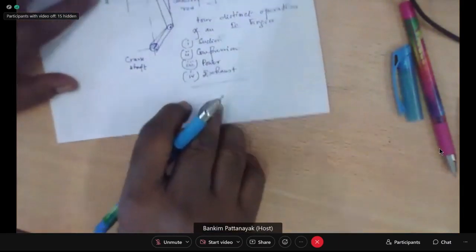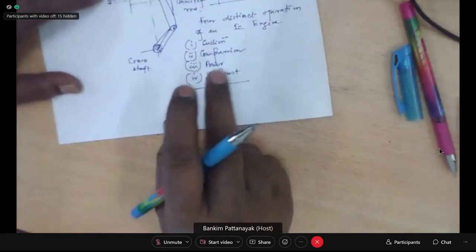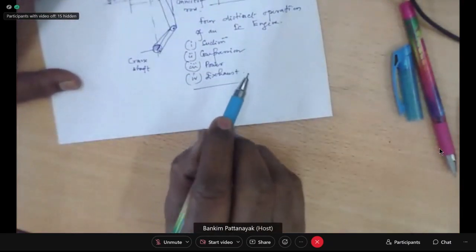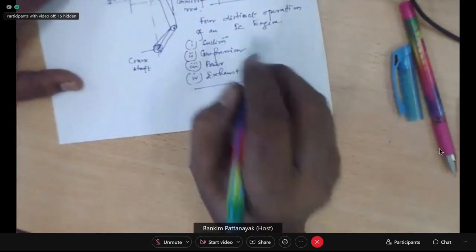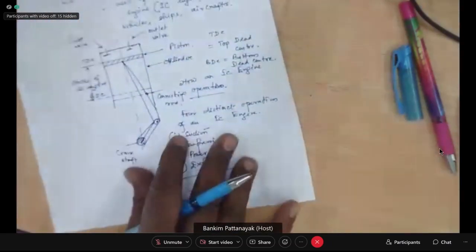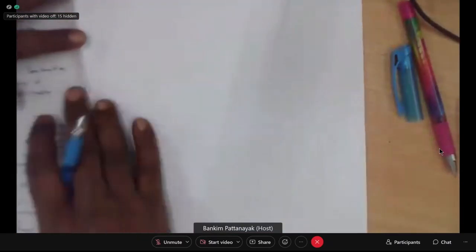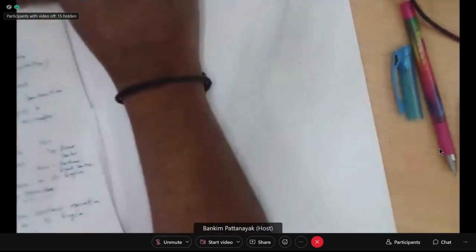So these are the four discrete operations that is performed by an IC engine. What happens during the suction stroke?